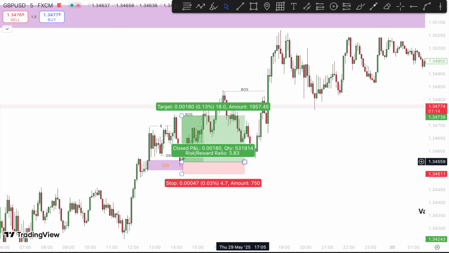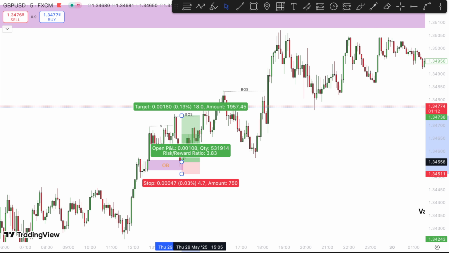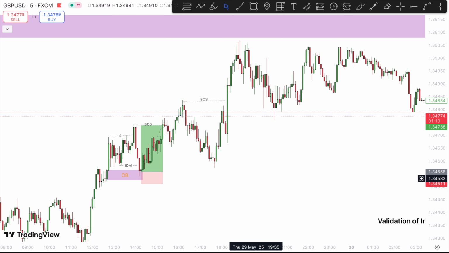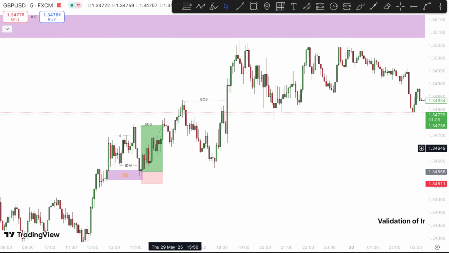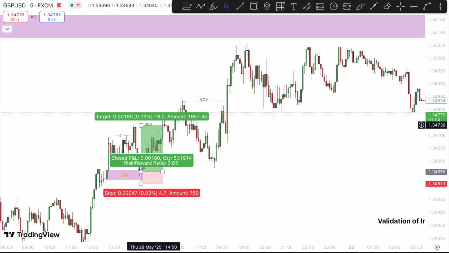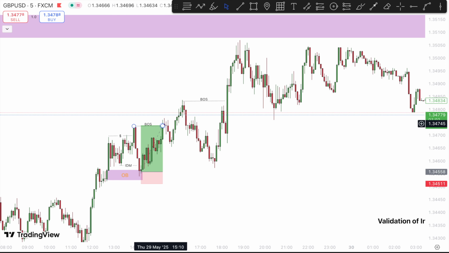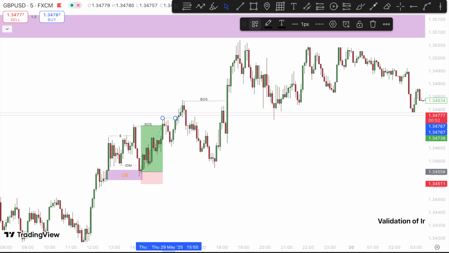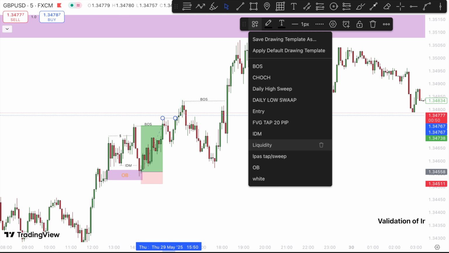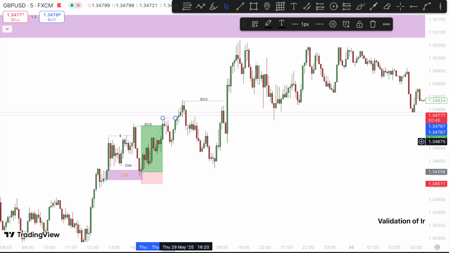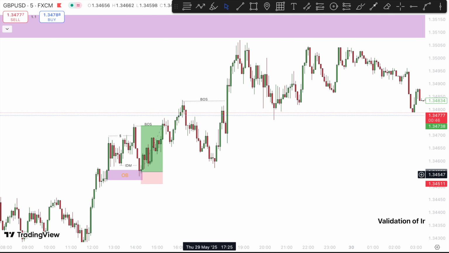Okay, similarly, another case: the market gave a break of structure, and before that the market had a point where the previous high was swept. It gave a pullback, and when the market took this high, took the liquidity, then inducement was confirmed.